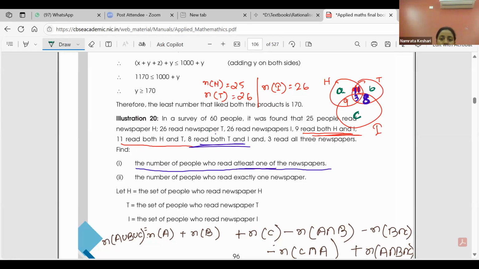Okay, so can I say that A plus 11 plus 3 plus 9 is 25? Because the number of elements in H is 25. Can you see that? So just focus on H. In H, A is there, 11 is there, 3 is there, 9 is there. Are you getting it? Everyone, Nabila, you also. Yes, ma'am.